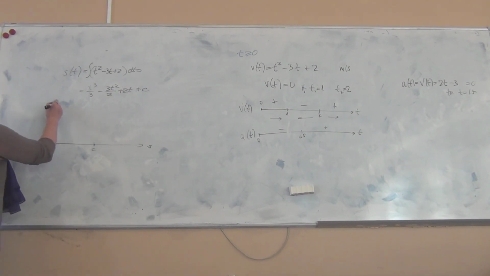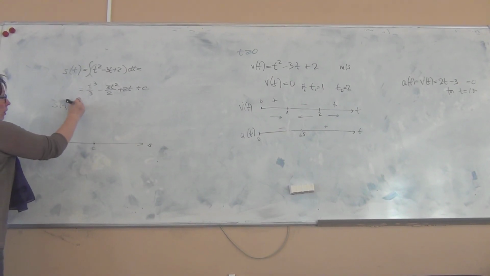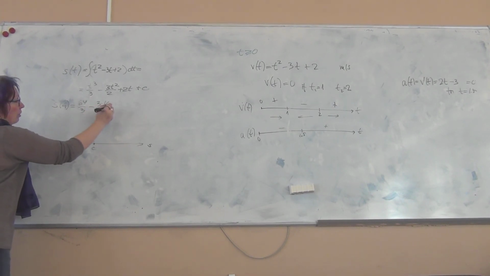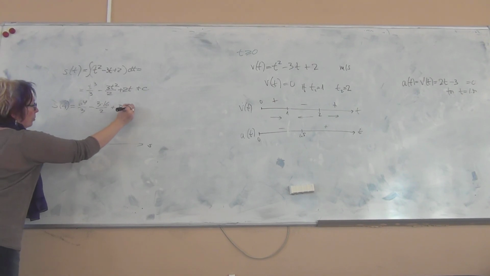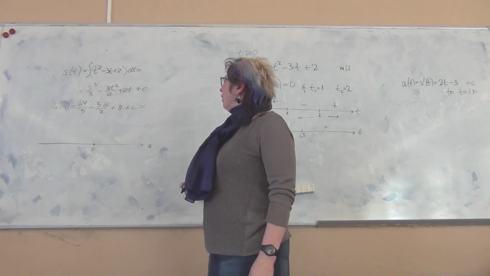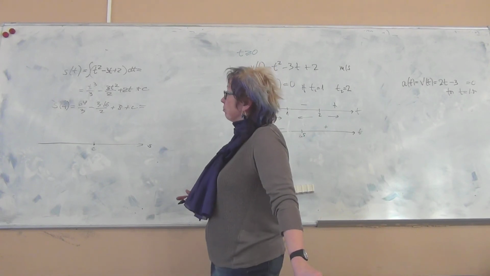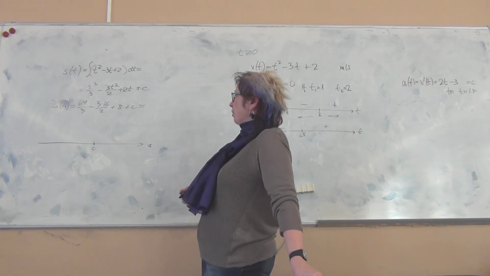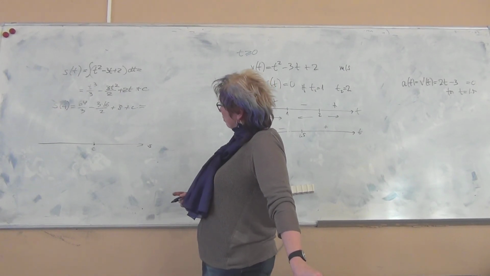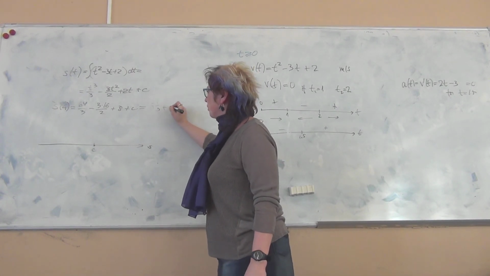So, S of 4 is 64 over 3 minus 3 times 16 over 2 plus 8 plus C, which is something minus 24 plus 8, and that would be 21 and 1/3 minus 16. That would be 5 1/3 plus C.